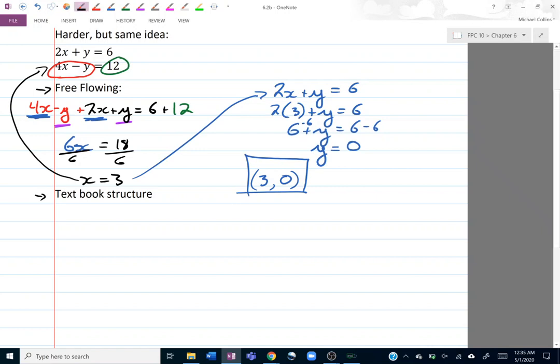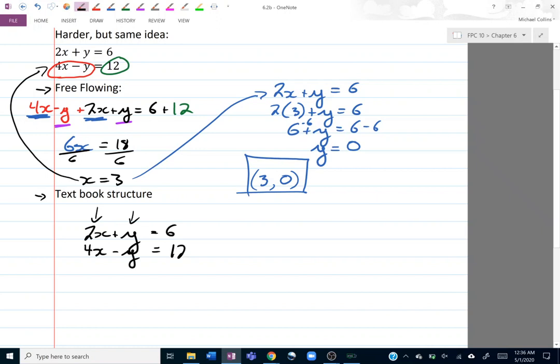So the textbook structure tells you to set these up, my 2x plus y, in nice, neat little columns. This one already is, and this is going to look exactly like the question to start with, minus y is equal to 6. And what I want to do is put the x's in a column, my y's in a column, and I've made a typo here already.